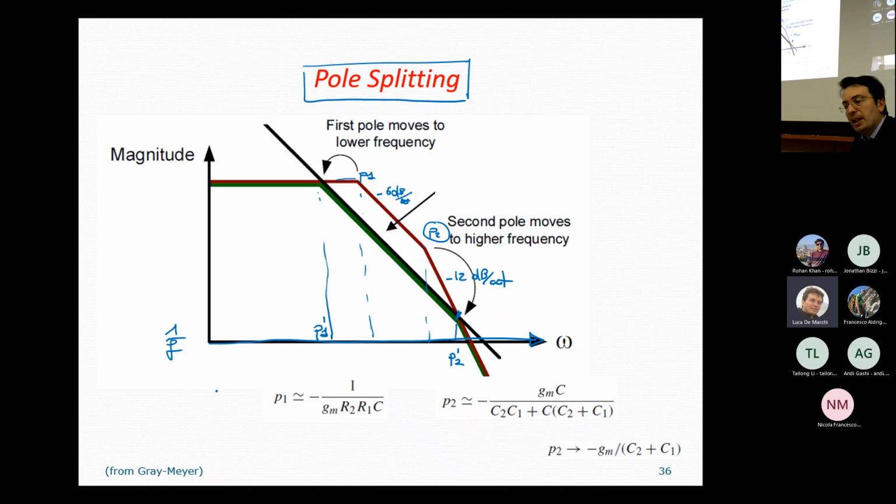Then we hit P2. So we lose 45 degrees before P2 and other 45 degrees after P2.